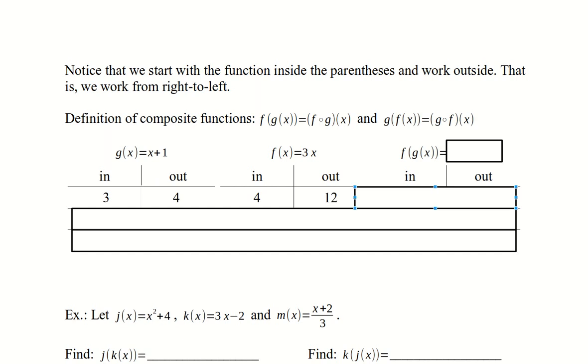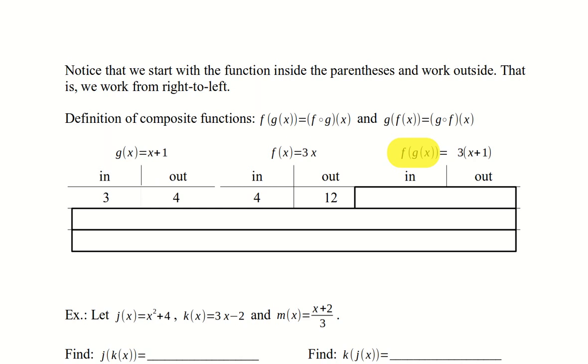Now, let's see if that's the same thing as f of g of x. In other words, if we really are just doing g and making the output of g the input for f. So first off, let's compute what that equals. It says to take the input g of x, that's x plus 1, and make that the input for f.